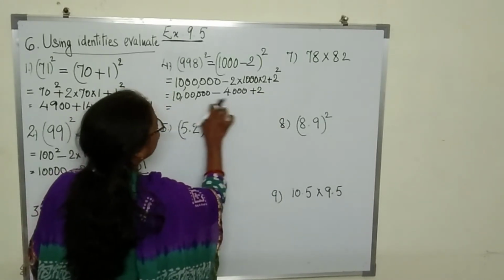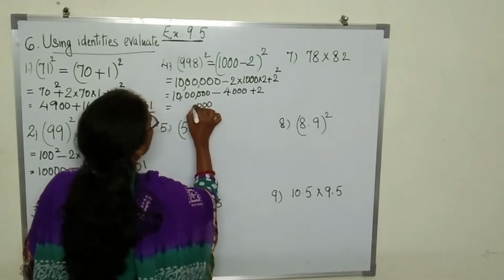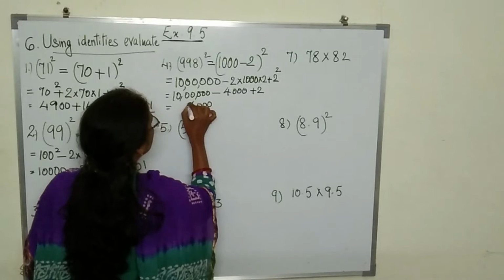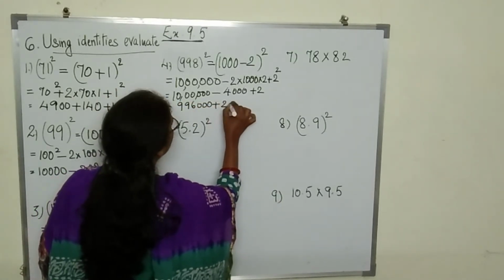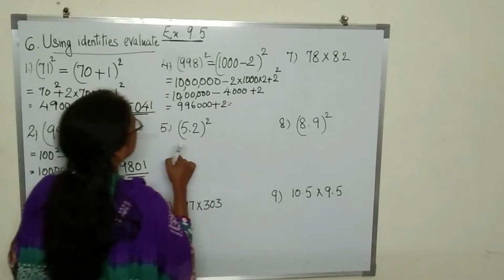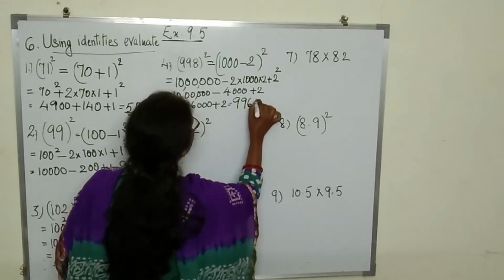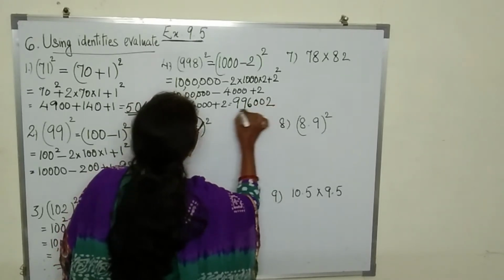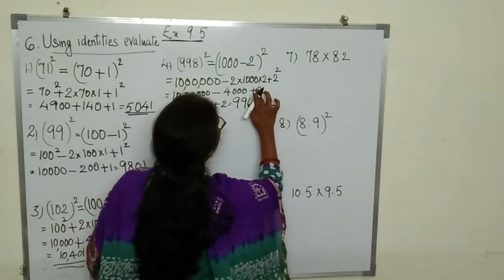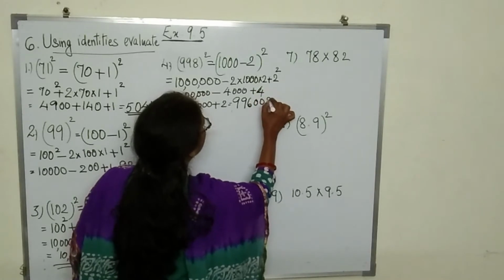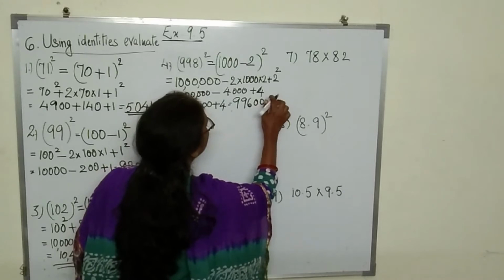Now from this, if you subtract 4,000, what do you get? 996,000 plus 4, that is 996,004.